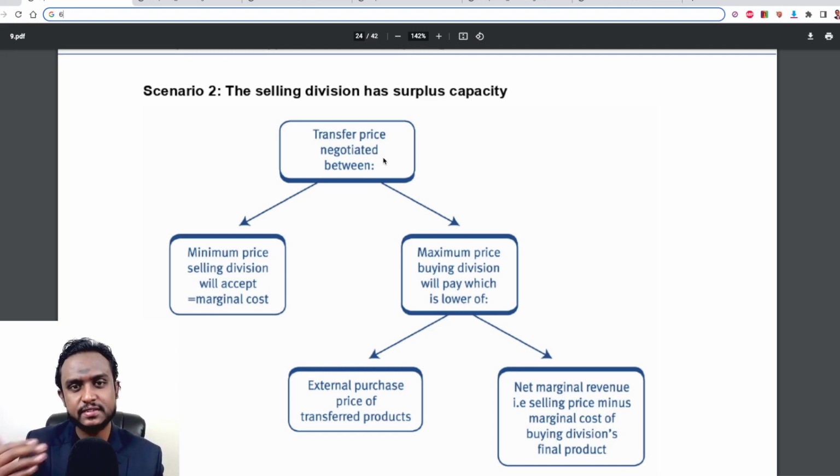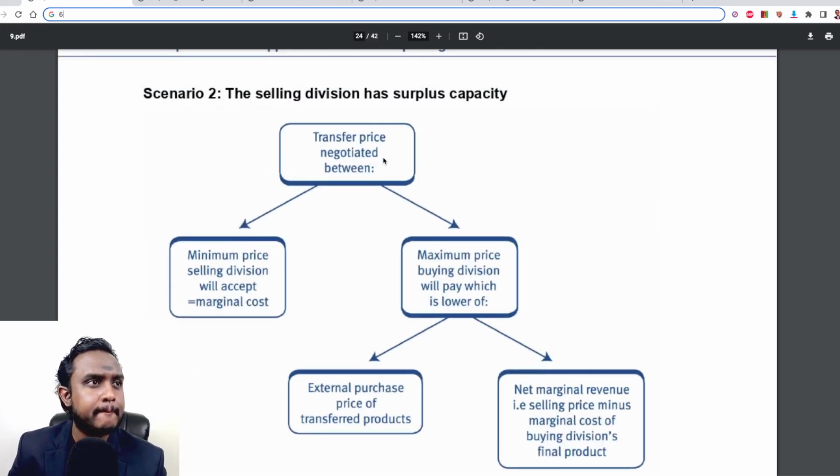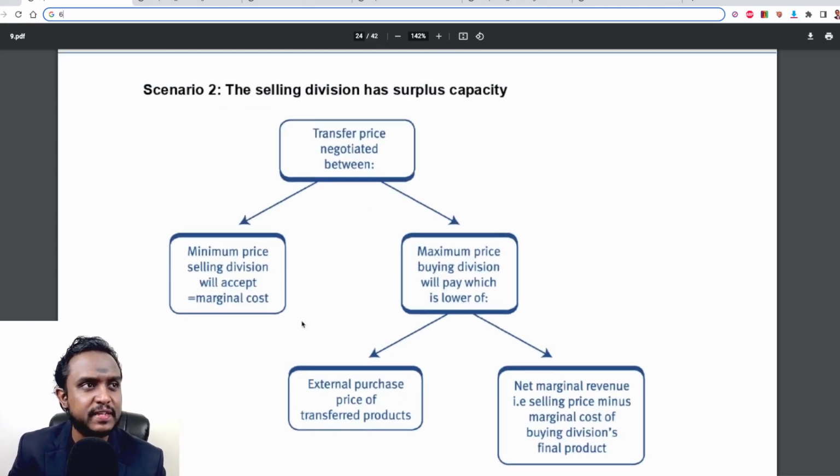The surplus is what I am ready to buy as an internal division. Then you can sell it to me at the marginal cost of the product. That will be the minimum price. The minimum price that you will quote me is the marginal cost for the surplus units, right?